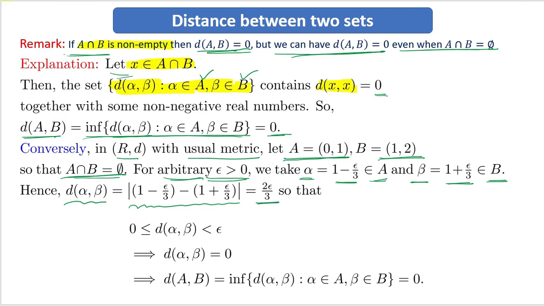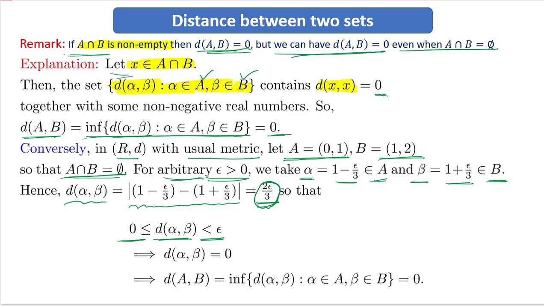Now it simply gives that D alpha beta, being a metric, is always non-negative and therefore 0 is less than or equal to D alpha beta, and this is going to be less than epsilon because it is equal to 2 epsilon by 3.